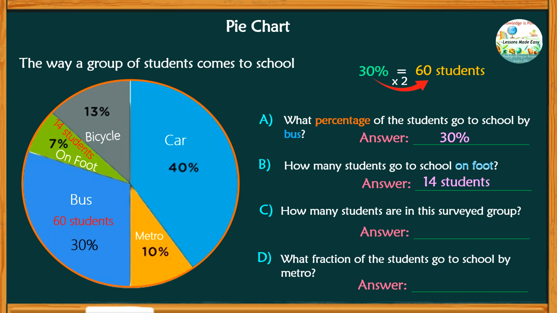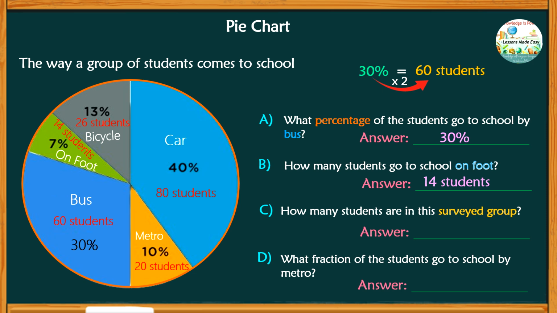We might as well write the number of students for all the other categories. 13% of them go to school by bicycle, which makes 26 students. By car, 40%, which equals 80 students. And 10% by metro, that makes 20 students. So how many students are in this surveyed group?